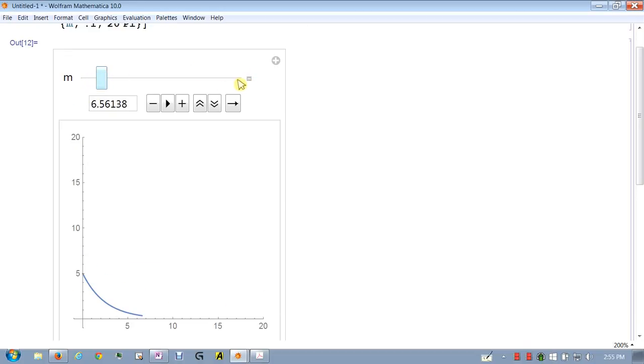Okay, so what did we say the half-life was? 1.73? So if I go there, at 1.73 time, it is exactly halfway gone. See that? Now, what's 1.73 times 2? So double that. 3.46, okay.